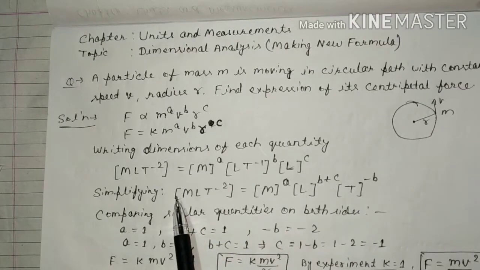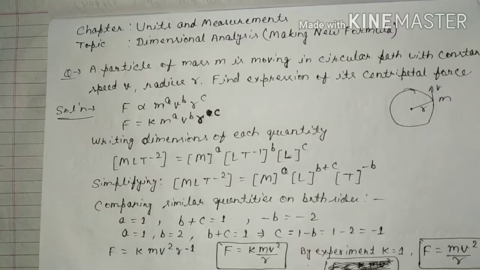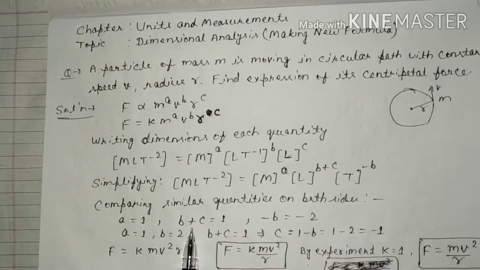Here, on the left hand side the power of M is 1 and on the right hand side the power of M is a, and there is an equal sign, so we can write a is equal to 1. Next, on the left hand side L to the power 1 and on the right hand side L to the power b plus c. So on comparing we can write b plus c is equal to 1. Third, T to the power minus 2 and here T to the power minus b, so minus b is equal to minus 2.